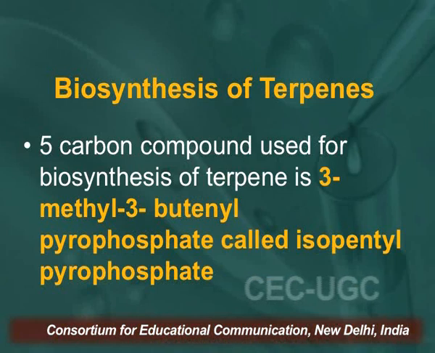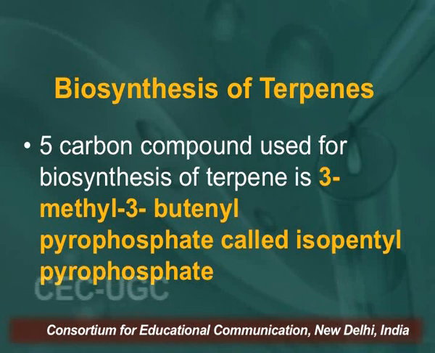We will see. Terpenes are built from a 5 carbon compound, which is the isoprene unit, that is 3-methyl-3-butenyl pyrophosphate, called isopentenyl pyrophosphate.